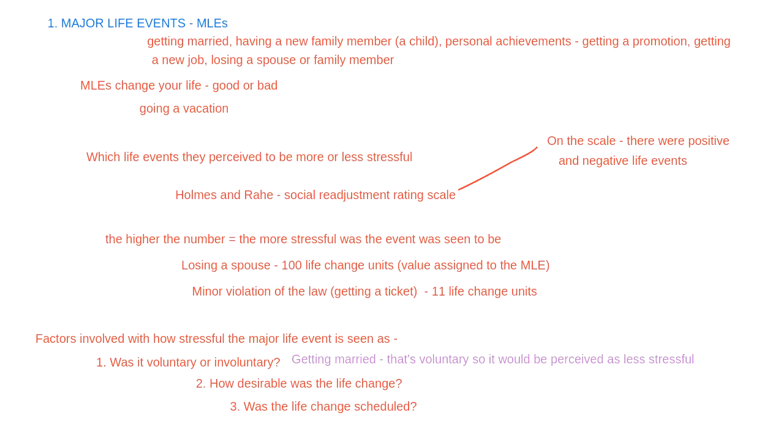So that's stressful, but you wanted it. So it's a desirable life change. And then finally, the life change scheduled. So marriage, kids. For the most part, those are scheduled unless the child's unexpected.